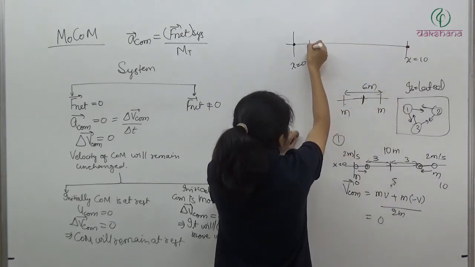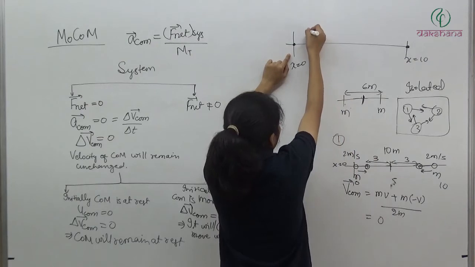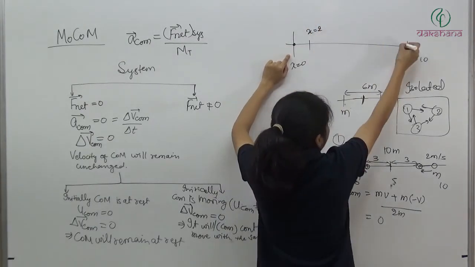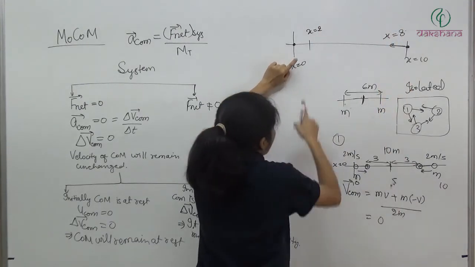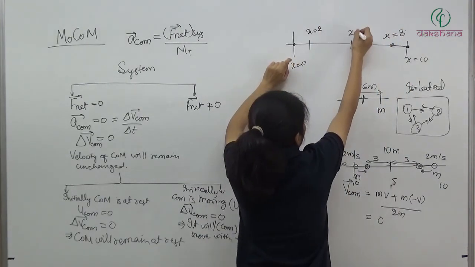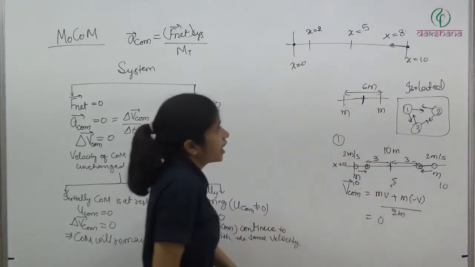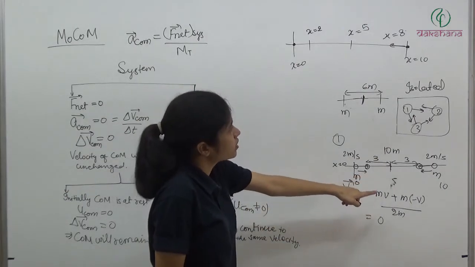After 1 second it has moved by 2 meters, so now it is at x is equal to 2, and here it has moved by 2 meters, matlab it is now at x is equal to 8. Clear? So now center of mass will lie at x is equal to 5. Initially also it was lying at x is equal to 5.